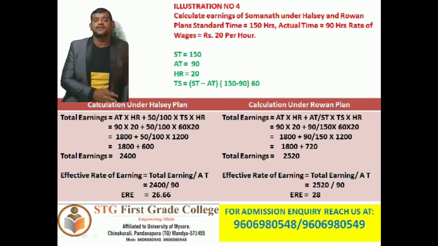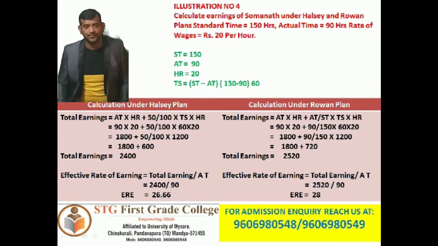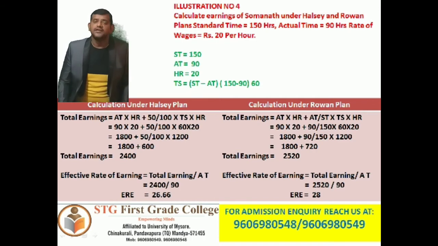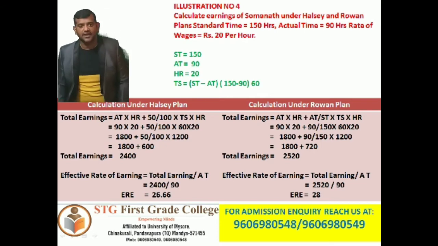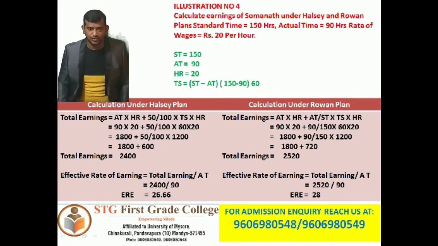So calculation under Halsey plan, calculation under Rowan plan. Calculation under Halsey, so copy the formula, total earnings equals actual time into hourly rate plus 50 divided by 100 into time saved into hourly rate, that is 90 into 20 plus 50 divided by 100 into 60 into 20. So that is 90 into 20 is 1800 plus 50 divided by 100 into 60 into 20, that is 1200.